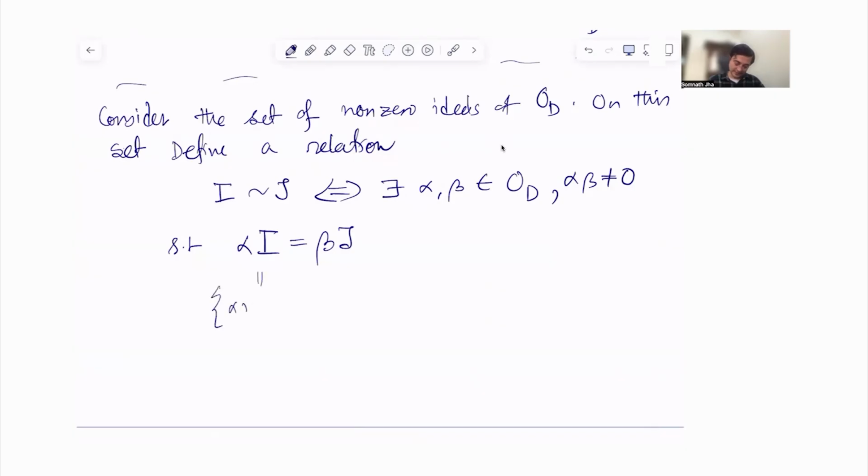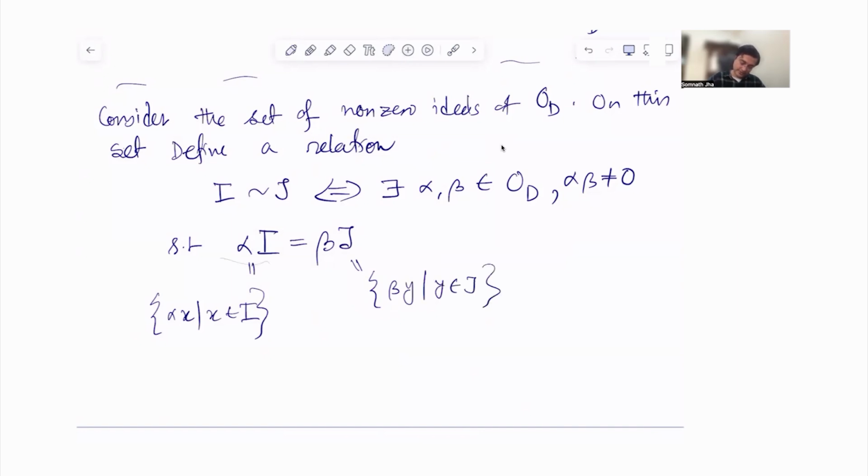This is alpha x for x in I, and this is equal to beta y for y in J. Okay?